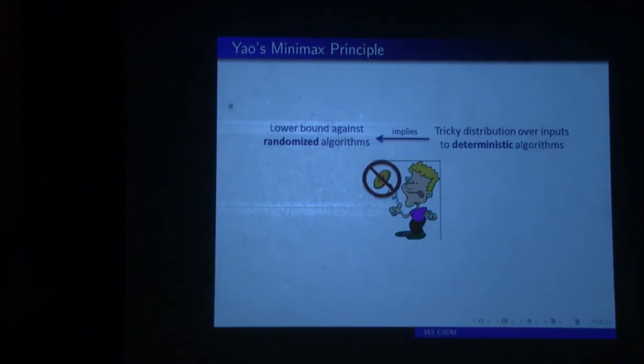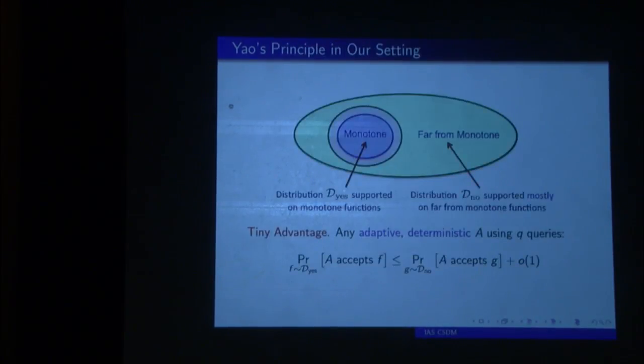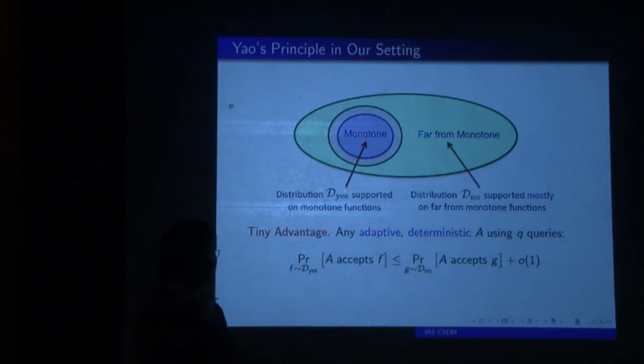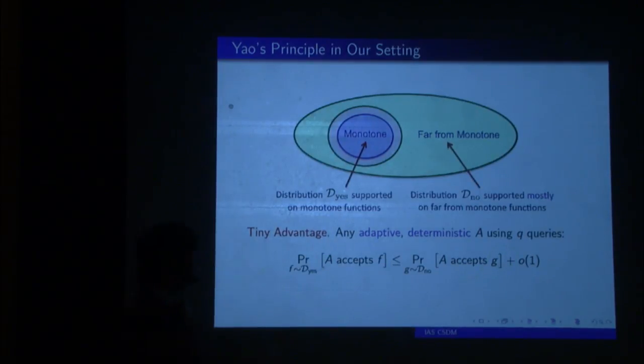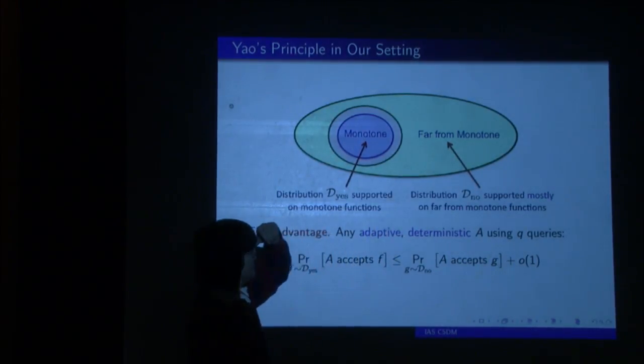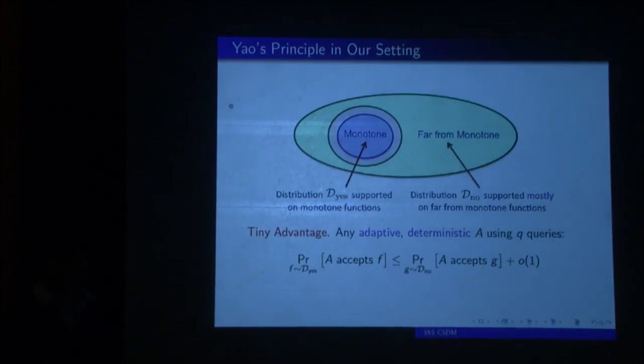So we'll just use the Minimax principle. We'll reduce the problem to the design of a pair of distributions, and we'll say no deterministic algorithm can distinguish these two distributions unless it has a lot of queries. In our problem, the yes distribution will be supported on monotone functions, and the no distribution will be supported on functions that are far from monotone.